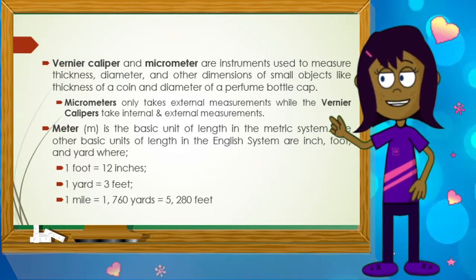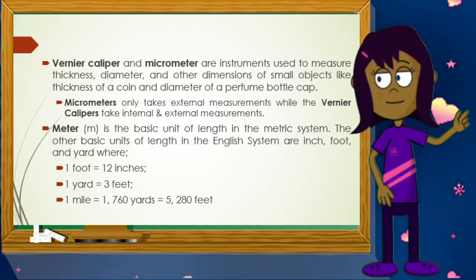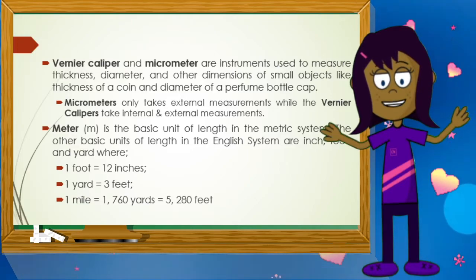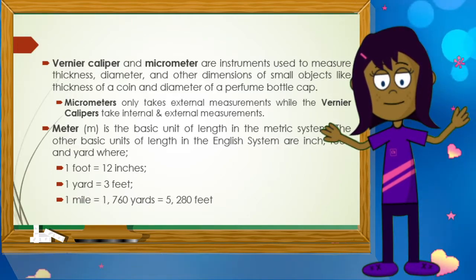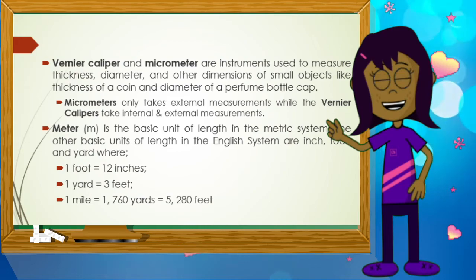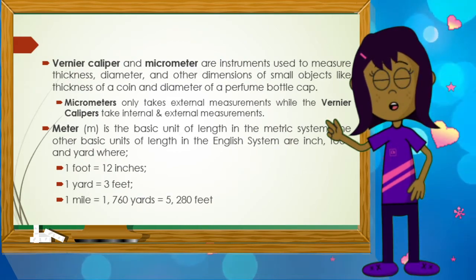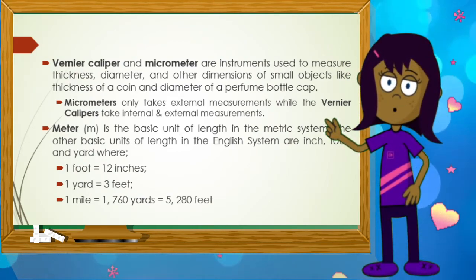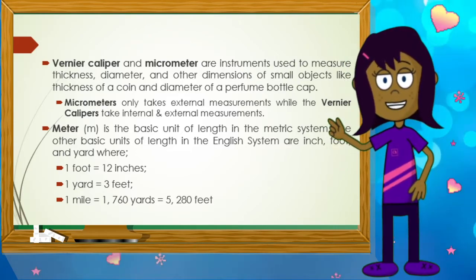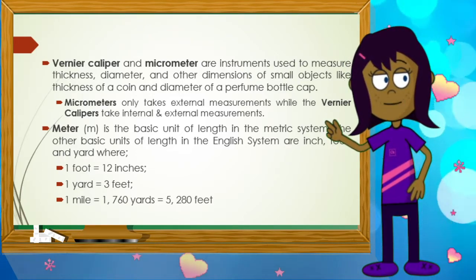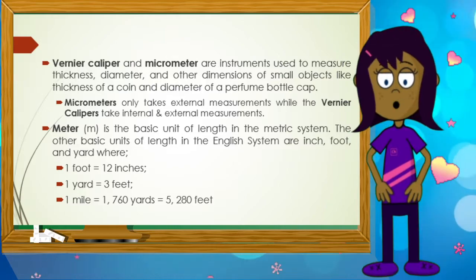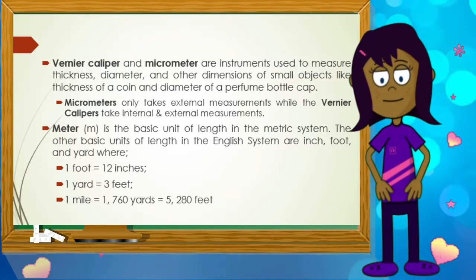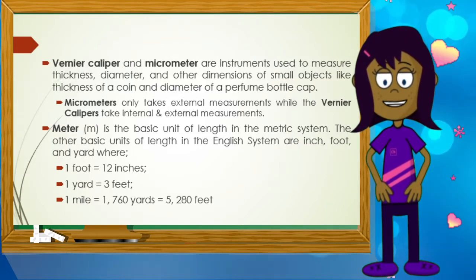So what's the difference between the two? The micrometer only takes external measurements, while the vernier caliper takes internal and external measurements, like depth, right? The depth of a bottle cap maybe, of a small object. So that's the difference between the two.